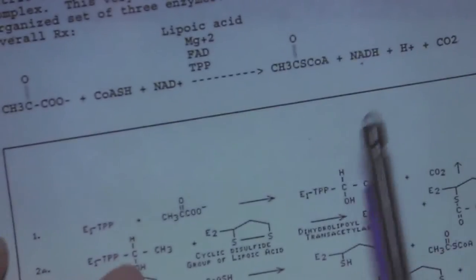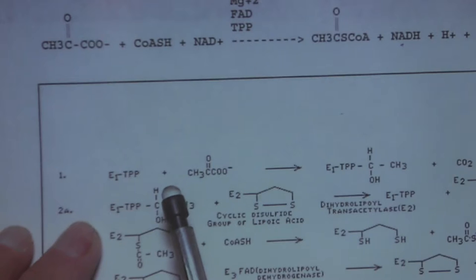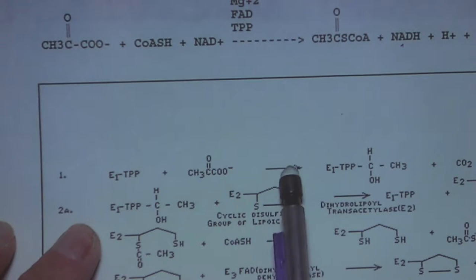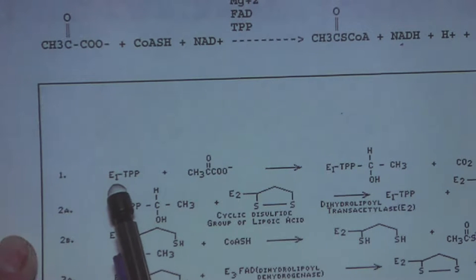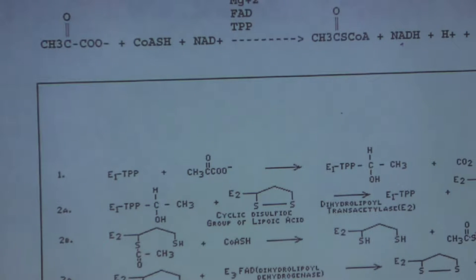So the first step is the first enzyme, which is actually pyruvate dehydrogenase. Pyruvate dehydrogenase, and that's E1. E1 is pyruvate dehydrogenase. It has the coenzyme thiamine pyrophosphate.